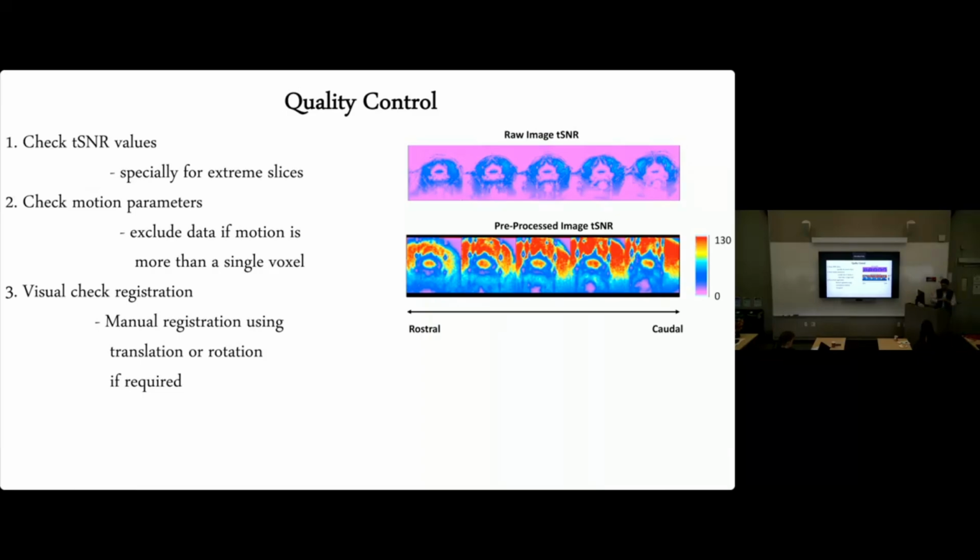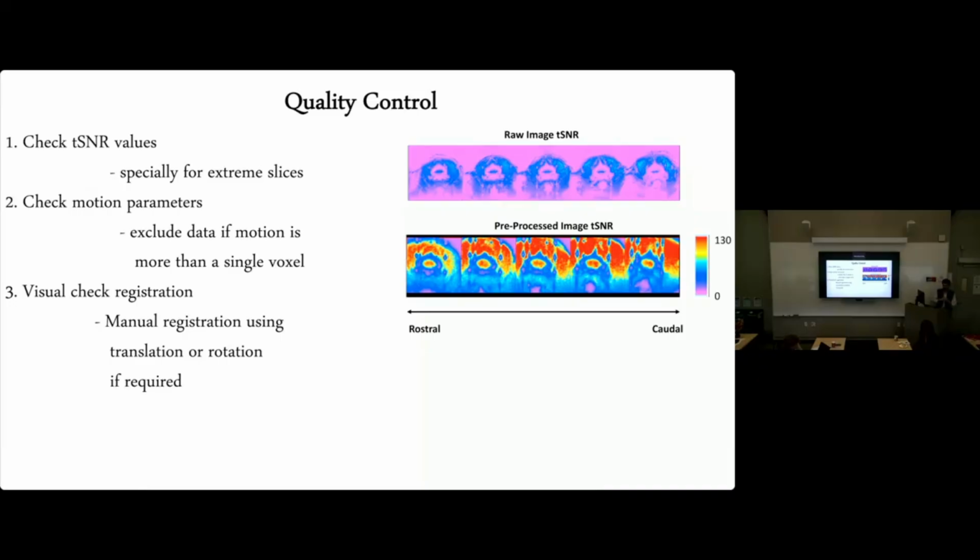And we do check for motion parameters, and if there is motion even after all the anesthesia and other physical restraints that we apply, then if the motion we find is more than a single voxel's dimension, we normally remove those data from our analysis.